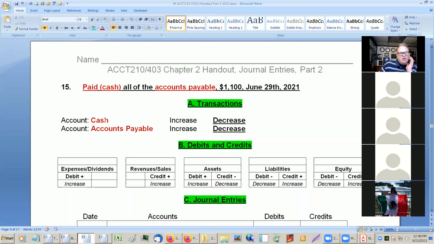So cash is decreasing, and accounts payable is also decreasing. What kind of account is cash? Asset. And accounts payable? Liability.